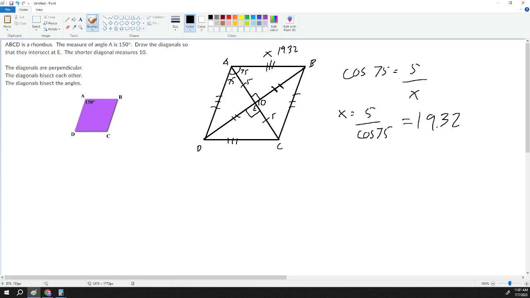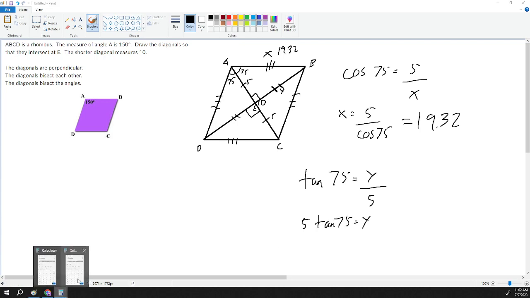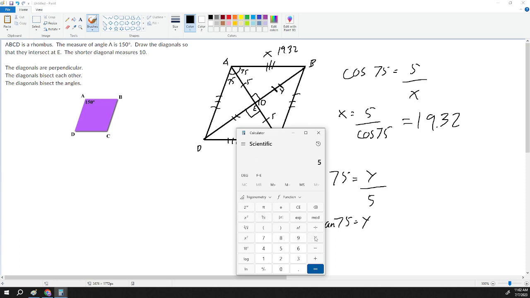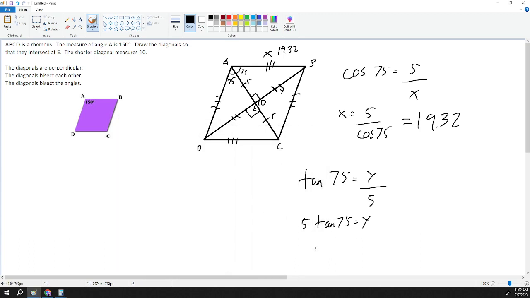So, using TOA, we're using tan 75 is equal to y over 5. Isolate y. So, 5 times tan 75 is equal to y. We end up with 18.66.